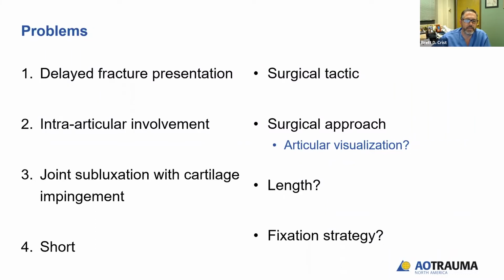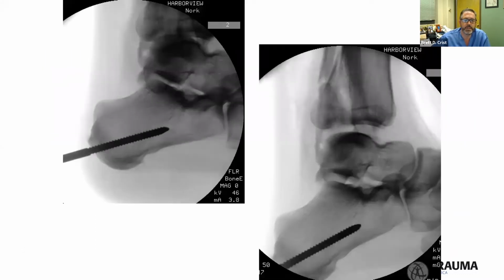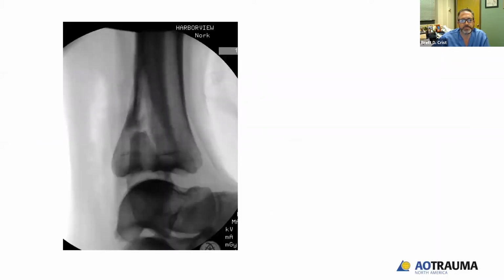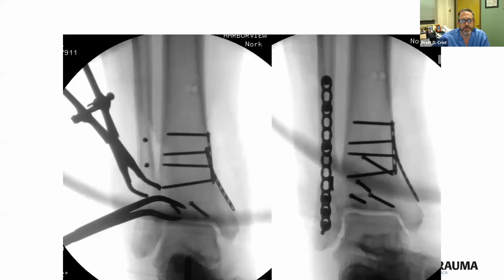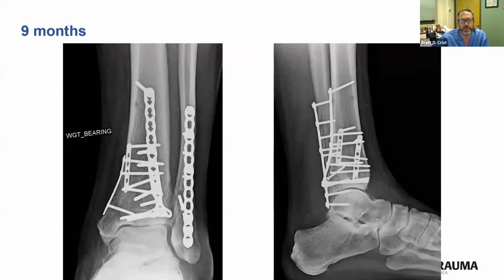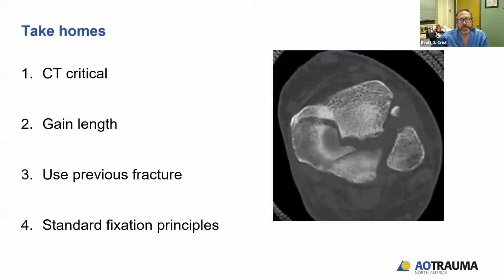How do you regain length? What's your fixation strategy? Using a distractor, he was able to get length, approached it posteromedial and posterolateral, and then went on to do compression of the articular surface, supporting that with plates above it, and then fixing the fibula as well, using the prior fracture planes to get it back down.